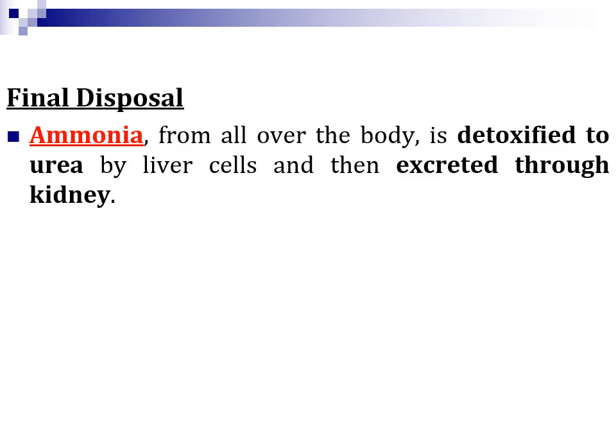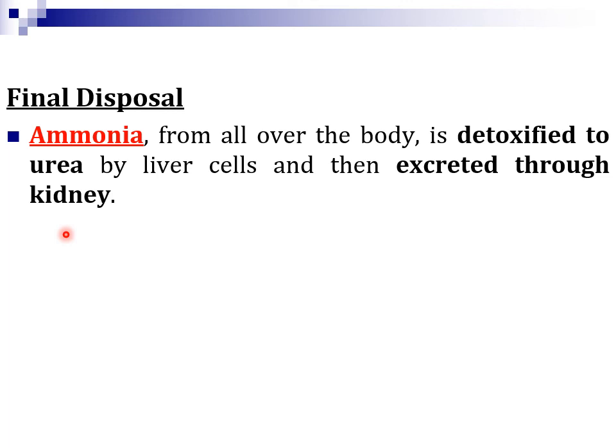Now the final disposal: the ammonia that comes to the liver from all over the body is detoxified to urea by the liver cells, the hepatic cells, and then this urea is excreted through the kidney. So the disposal of ammonia occurs in the form of urea.